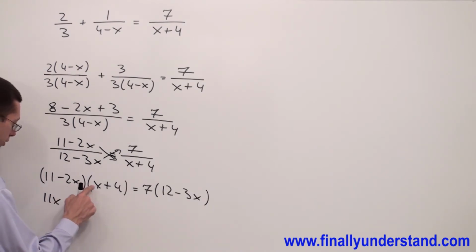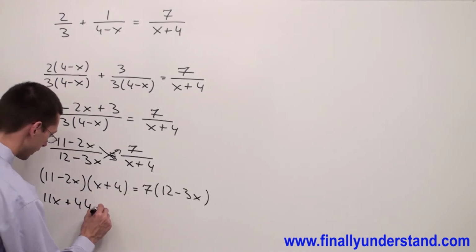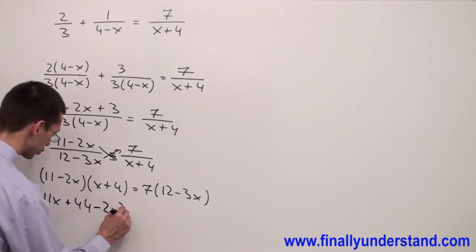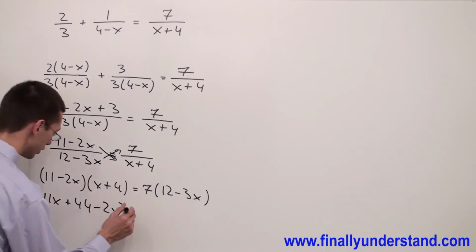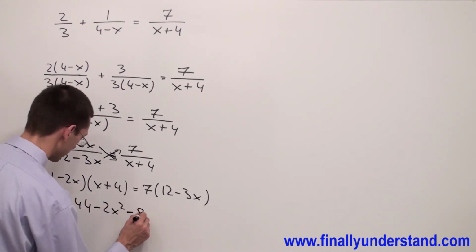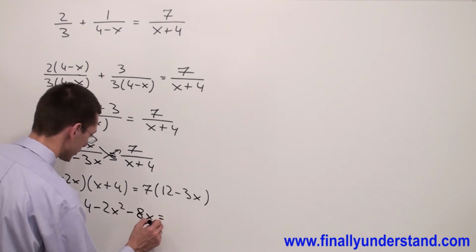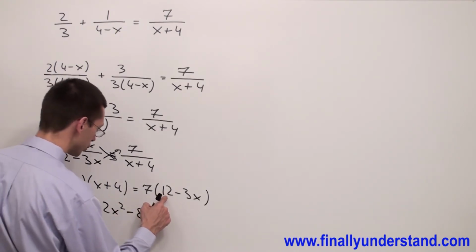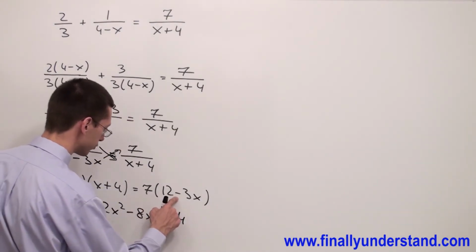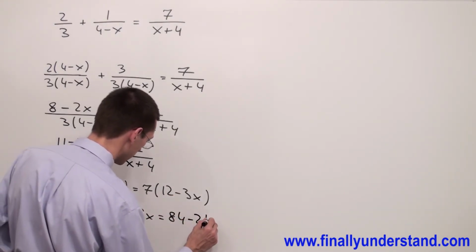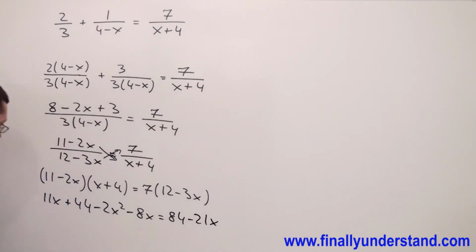Minus 2x times x is equal to negative 2x squared. Negative 2x times 4 is equal to negative 8x, equals 7 times 12, which is 84. 7 times negative 3x is negative 21x.